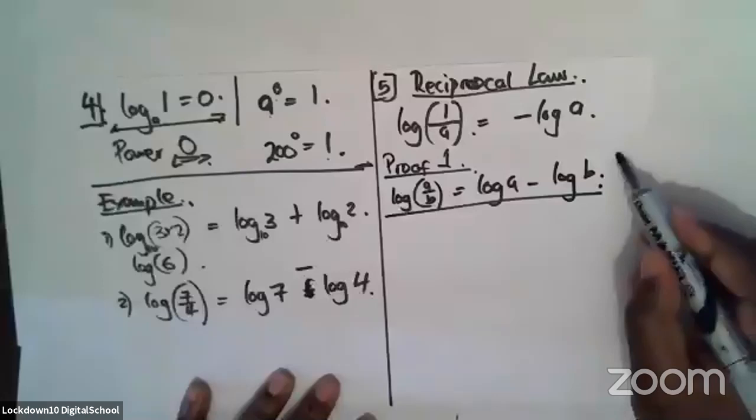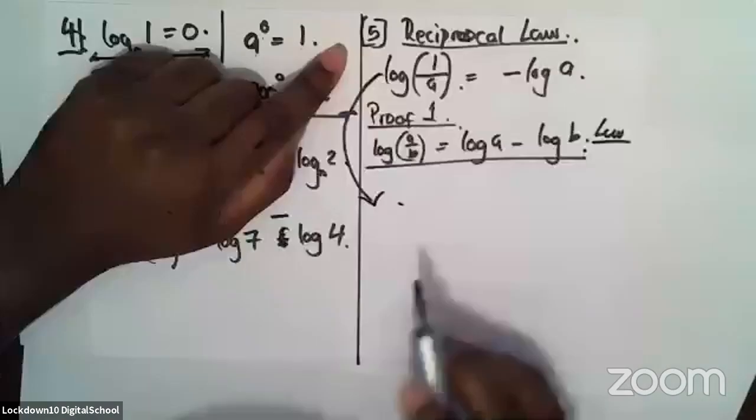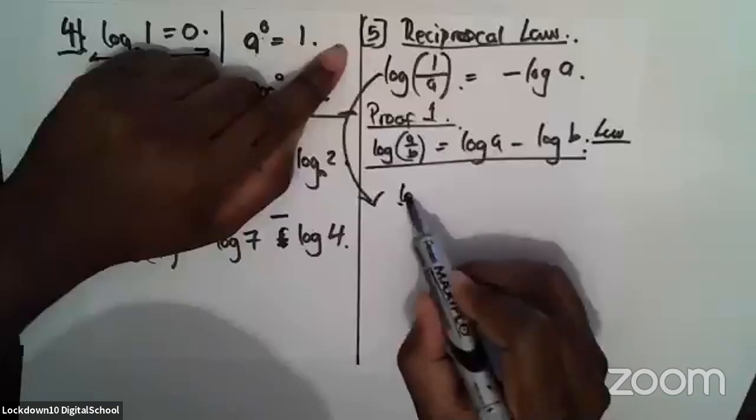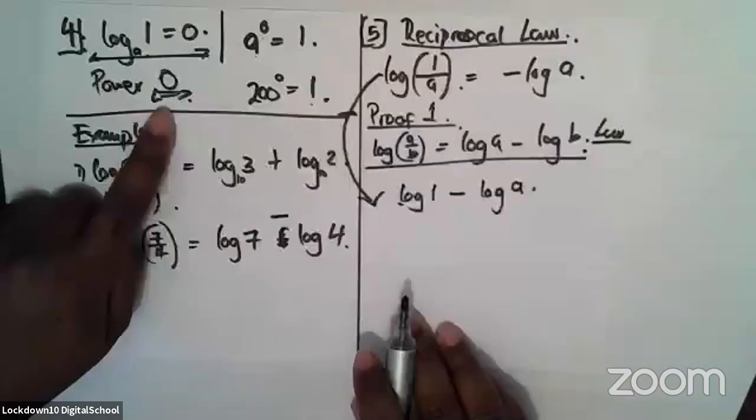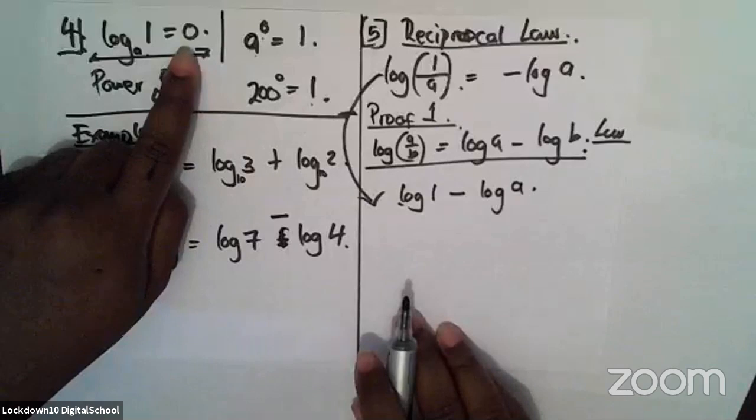In this case, if I check this one, this becomes log 1 minus log a. But we said log 1 is equal to 0.